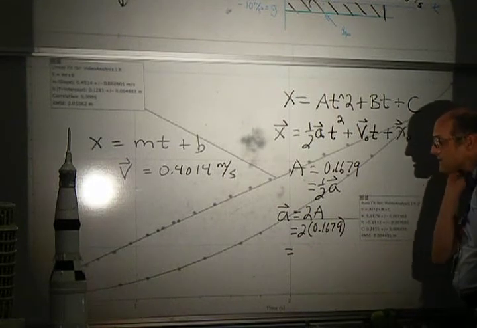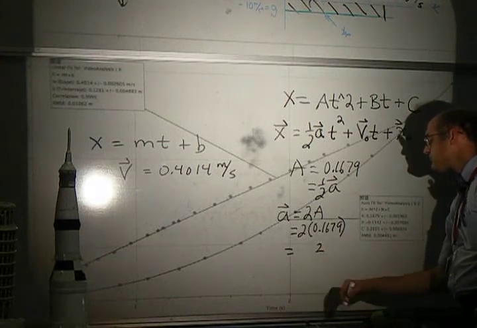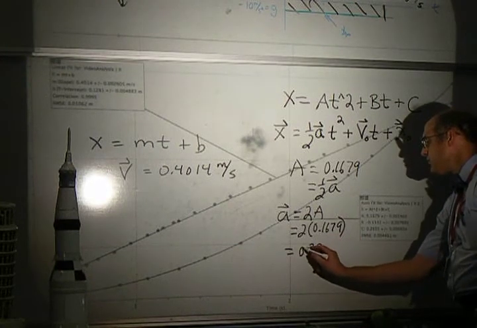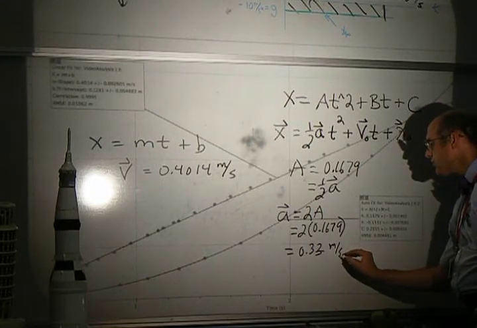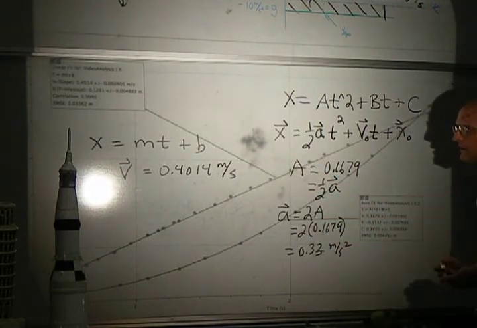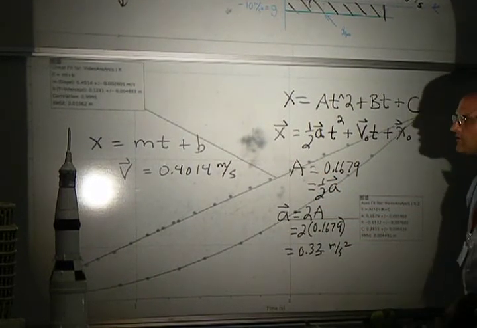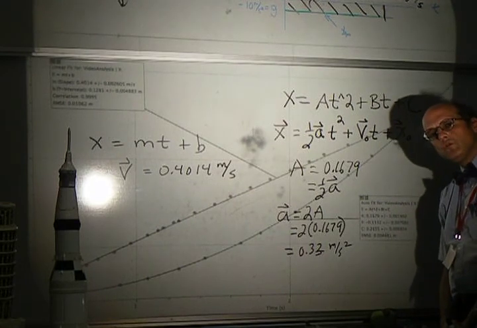So that gives us about 0.3, maybe 0.33 meters per second squared. Okay, so that's how you do curve fitting, and this is a very valuable tool in this course.